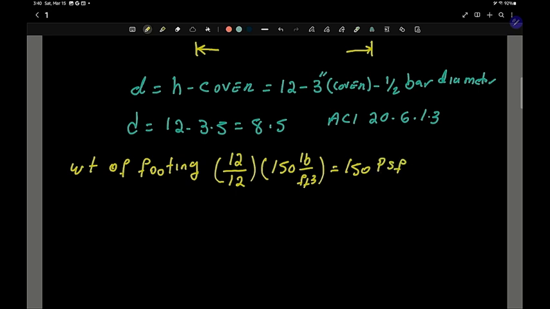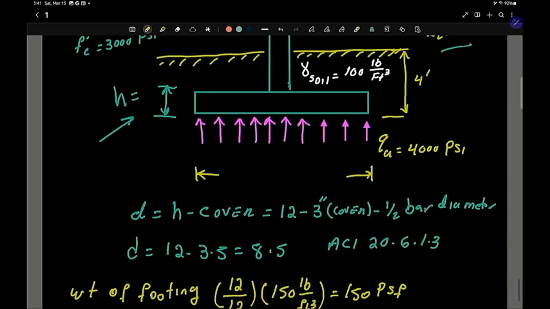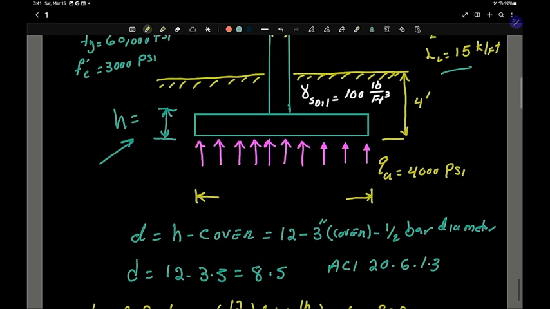Now remember, be very careful here. Let me go back to this shape here. So we assumed this being right here 12 inches. So that means from here, that will be 3 feet, correct?